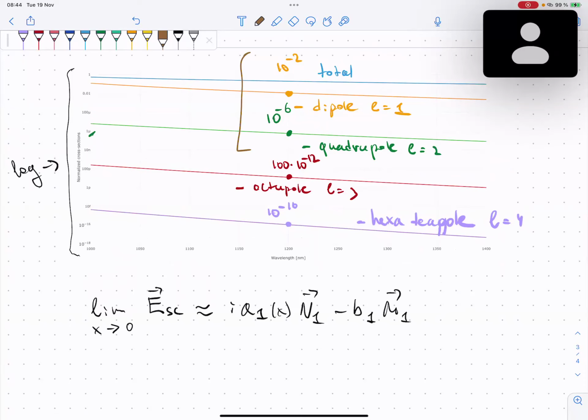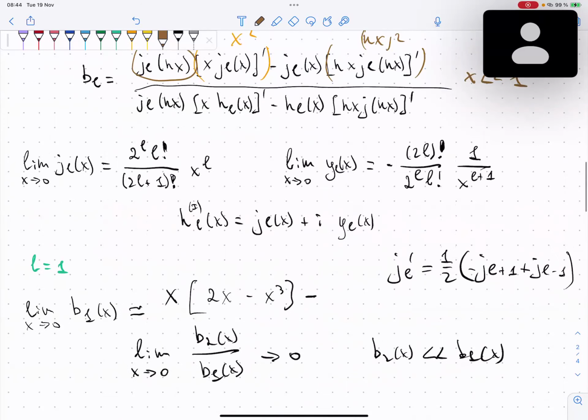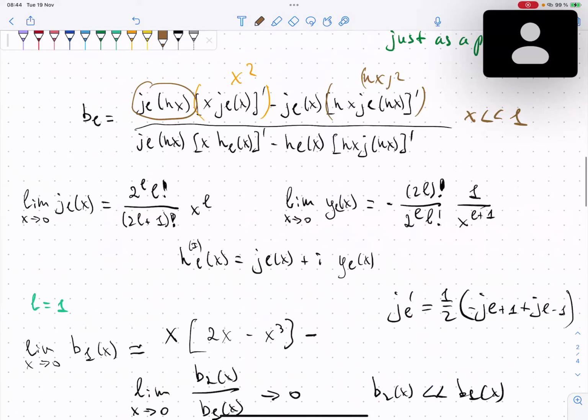Was it clear, or was it a little bit of a mess in the beginning? You can try at home. You can take this coefficient and make an expansion, just a Taylor expansion for the x parameter, and you will see that the first leading order for the B1 coefficient is much larger than the first leading order for the B2 coefficient.